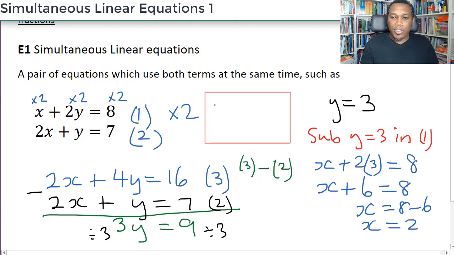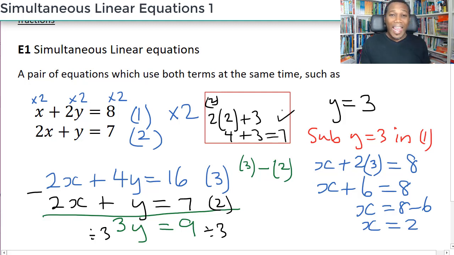Let's check in equation 2 because we substituted in equation 1. So in equation 2, let's see if it works. We're saying x is 2, y is 3. So let's see. 2 times 2 plus 3. What's 2 2's? 4, plus 3, which is equal to 7. And it's cha-ching. That's what we're talking about. It works. So feel good. You've checked. You know your answer is right.